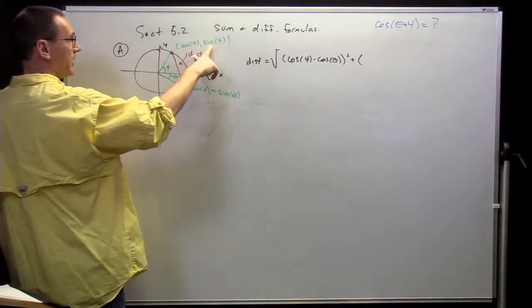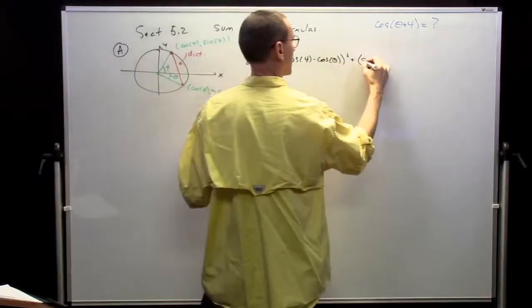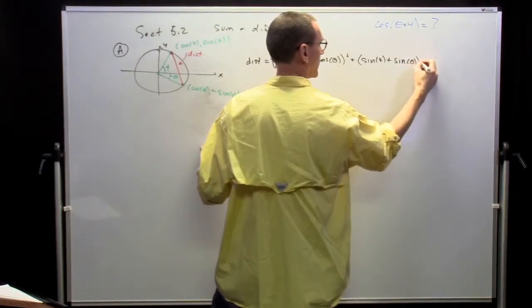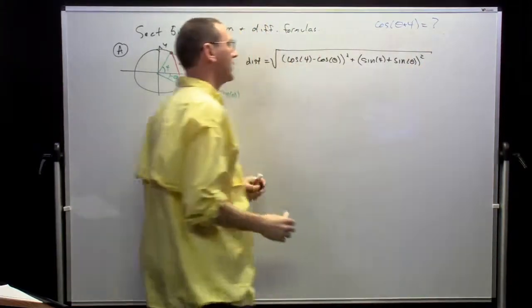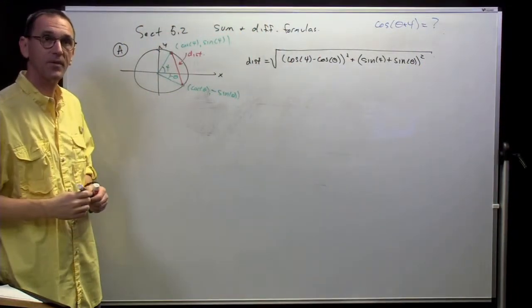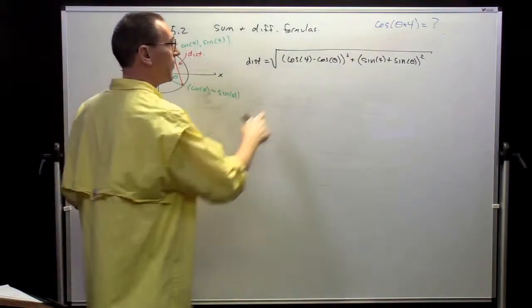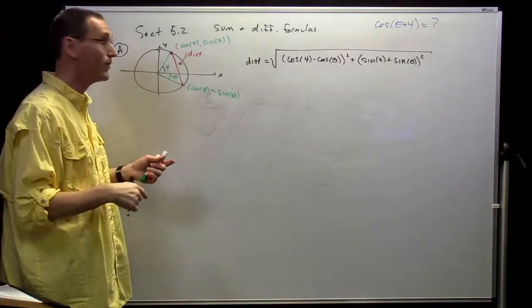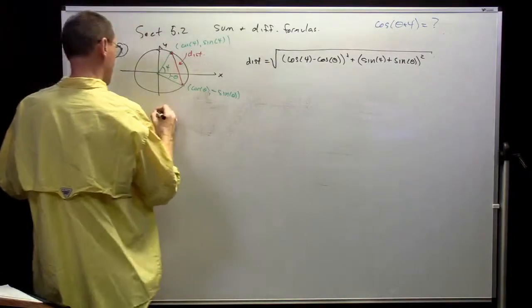And now I've got to take this minus this, but this minus a minus will give me a plus. So there's my distance. All right, let me do this. I'm going to FOIL these out and try to simplify this as much as possible, because I know I'm going to have to use it later when I change this picture.